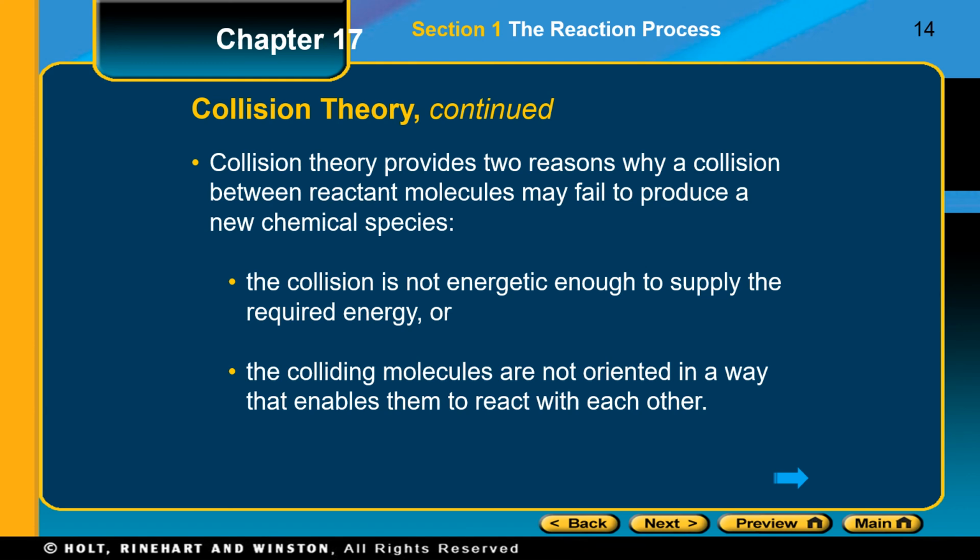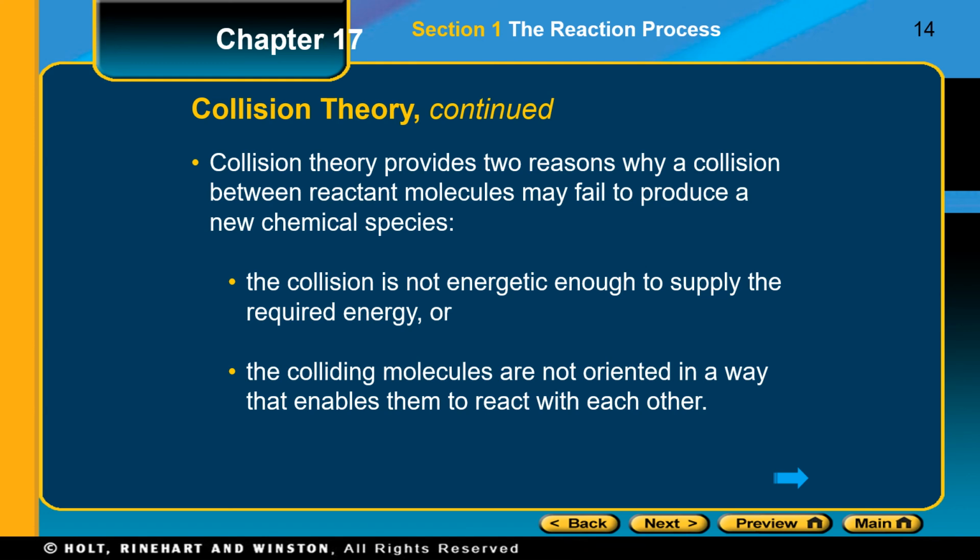Both molecules are not moving fast enough, or they don't hit each other with enough speed to get the reaction to occur. They can't get their electron clouds close enough. Or when they do collide, they're not oriented in a way that enables the atoms that need to react with each other. They're not next to each other, and so the reaction won't occur.